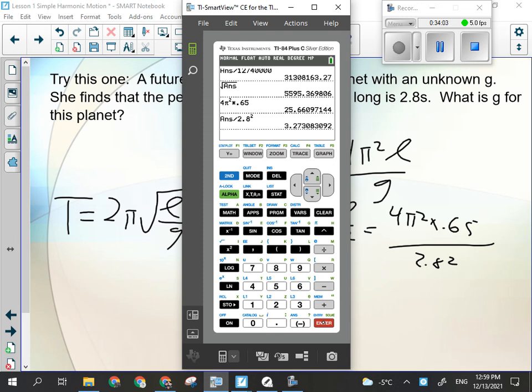No. So you typed in 4 pi squared, and then divided and times 0.65. Oh, okay. Mine's just weird. I'm not sure what happened. Oh, I squared 0.65. That would be why.